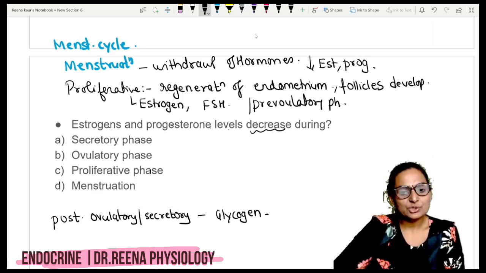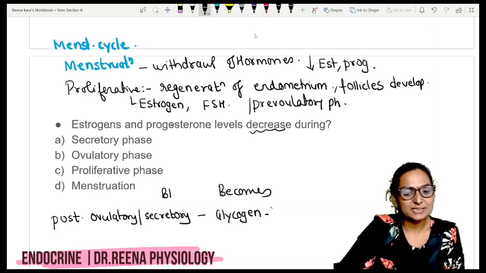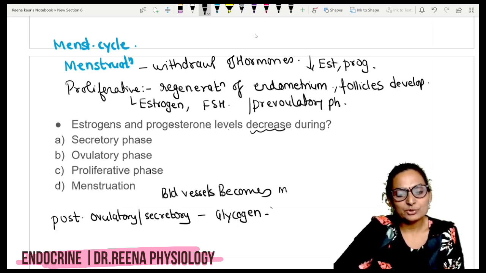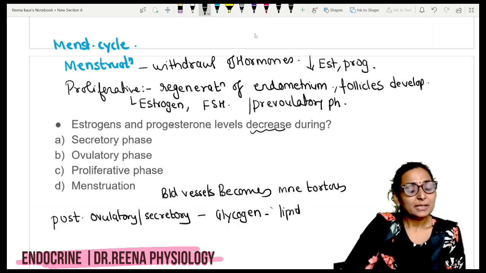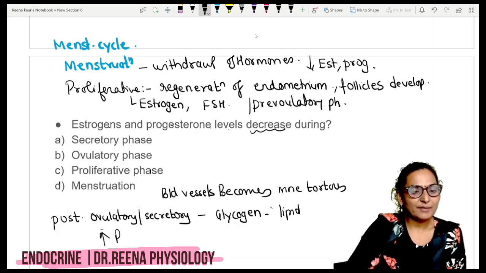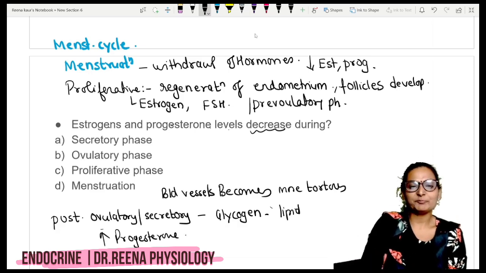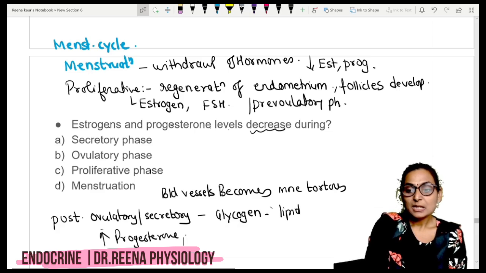So there will be glycogen deposition, and the blood vessels become more tortuous. Glycogen and lipid deposition will be there. In this phase, there's going to be a rise of progesterone.